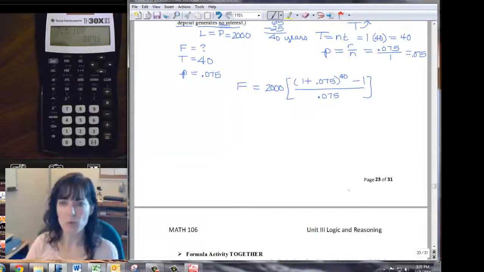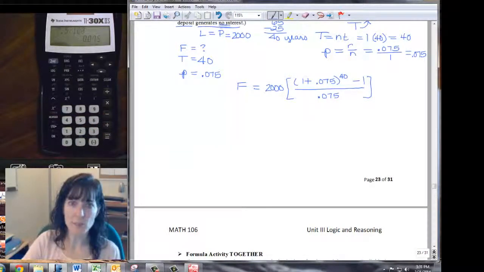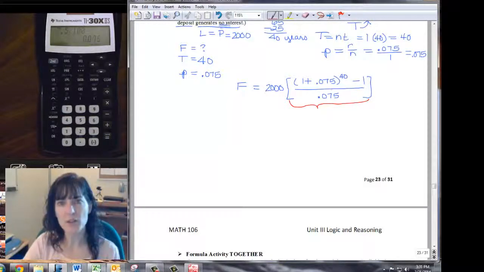First thing I want to do is work inside my parentheses, the big ones. And let's see if I can show you a little bit about the order of operations on this problem. So first I work inside the big parentheses, then when I'm inside there I see another set, so this is going to have to come even sooner.